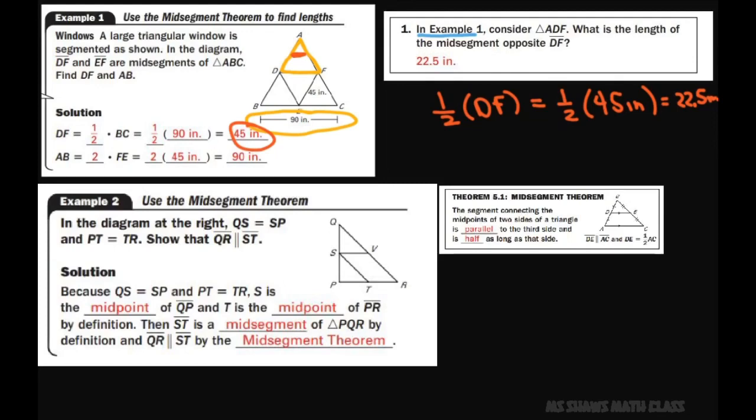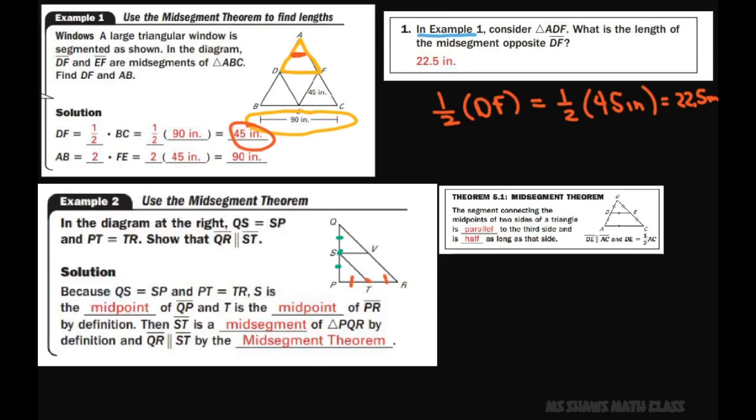Okay, in example 2, it says, in the diagram, OS equals SP. So that means S is the midpoint, since it cuts it in half. And PT equals TR. So this is also a midpoint.